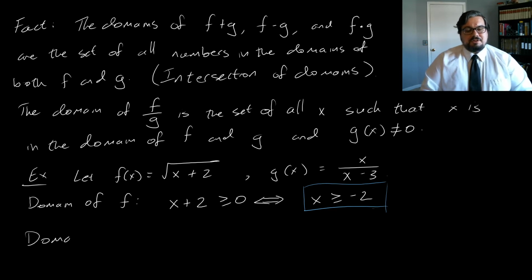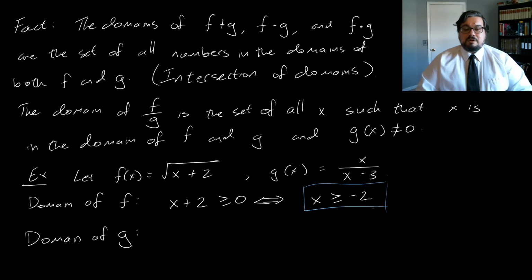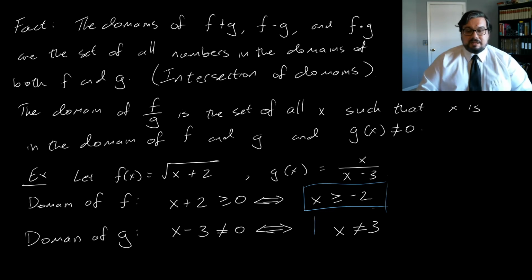Now, how about the domain of g? In order for g to be defined, we need to have that the denominator of our fraction is not 0. So we need x minus 3 to not be equal to 0. Or in other words, we need x to not be equal to 3.